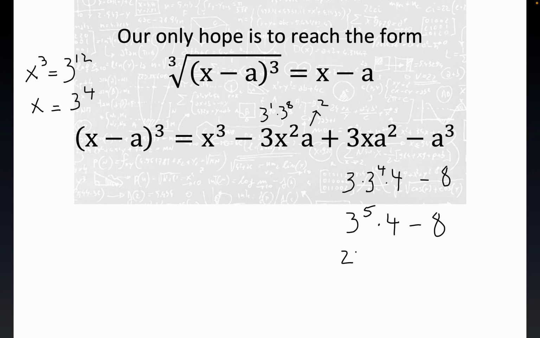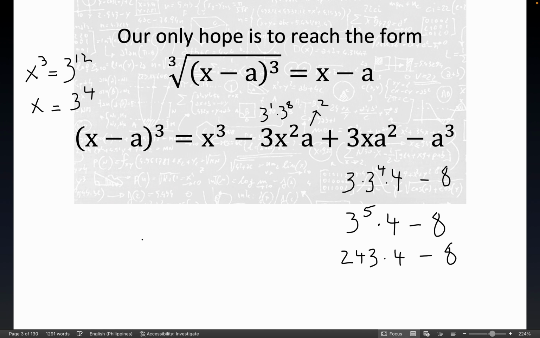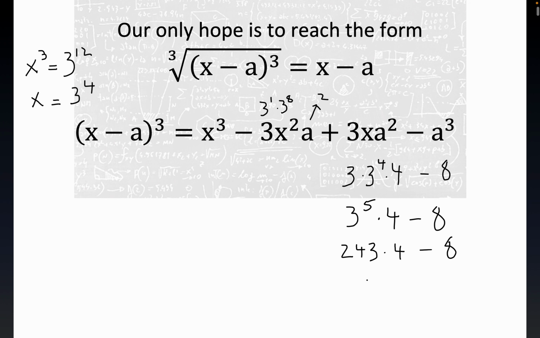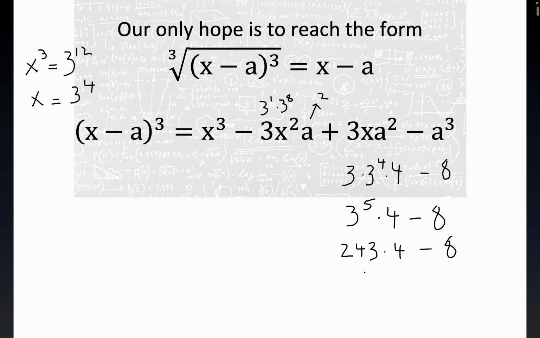So you would have 243 times 4 minus 8. Okay, now 4 times 240 is 960, and 4 times 3 is 12. So that would be 960 plus 12 is 972. So we have 972 minus 8 is equal to 964.